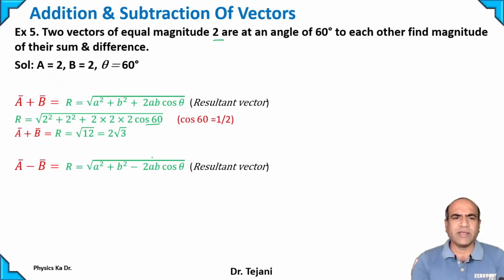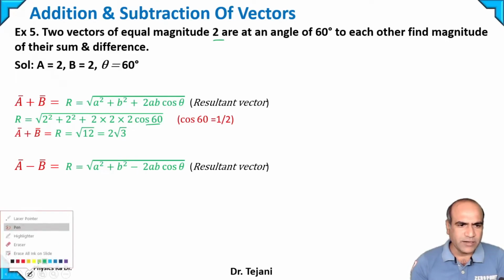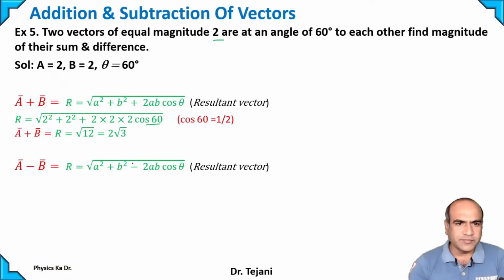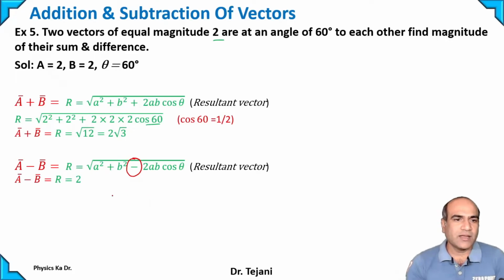And similarly for A minus B, the only change is here: it becomes minus, A square plus B square minus 2AB cos theta. Put the values, and the resultant becomes 2.